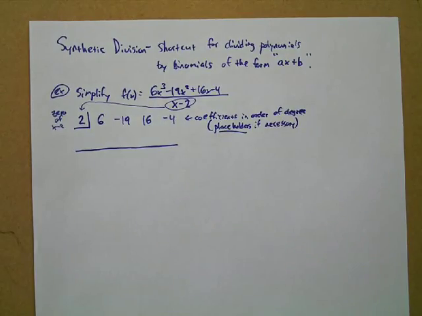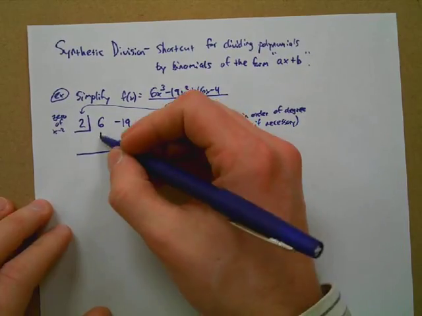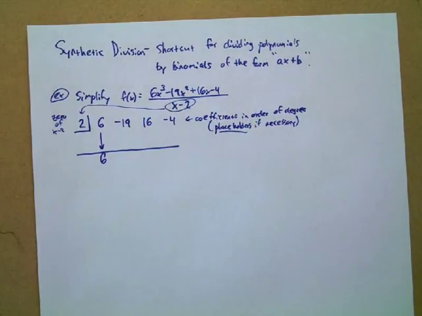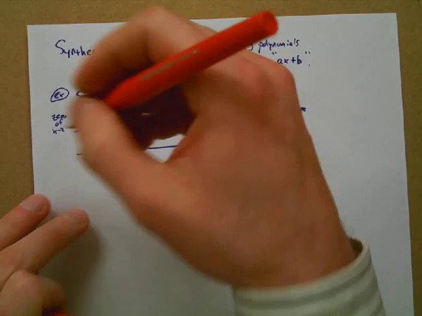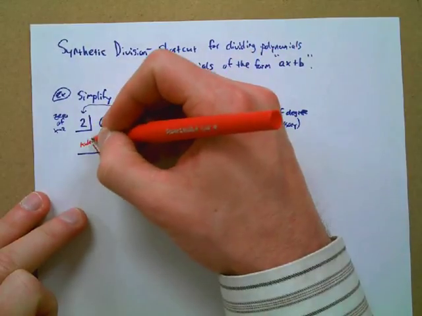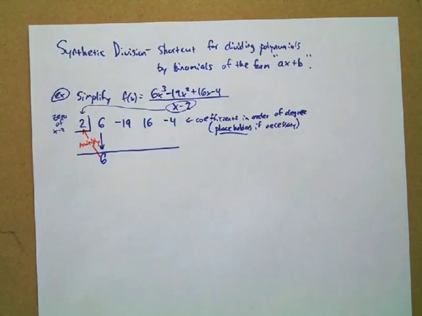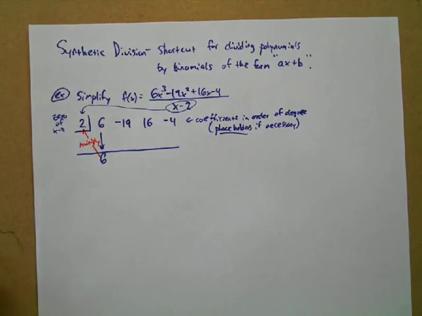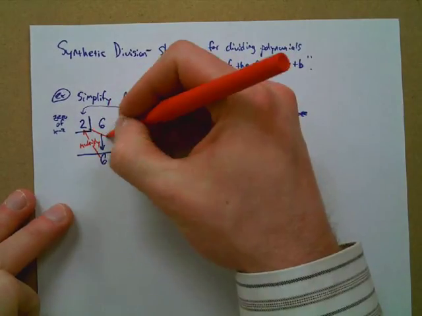And then we put that value right there, the 12. Okay, and then we add down there. So negative 19 and 12, negative 7. Okay, and then we multiply. Negative 7 times 2, negative 14.